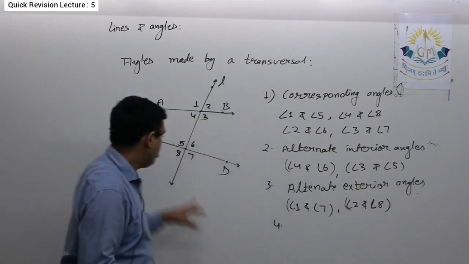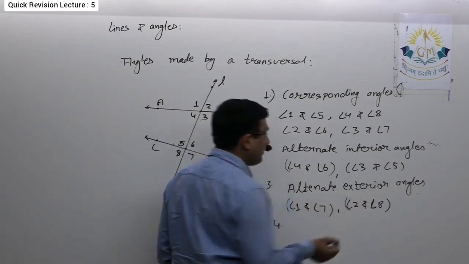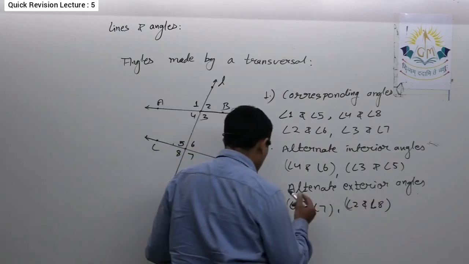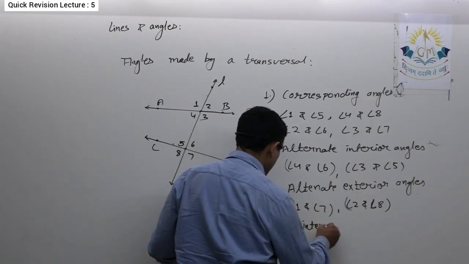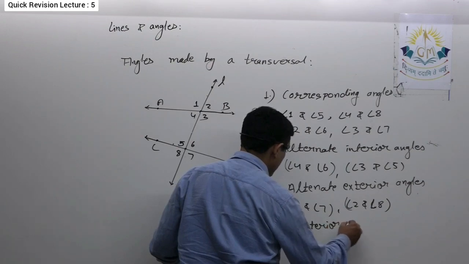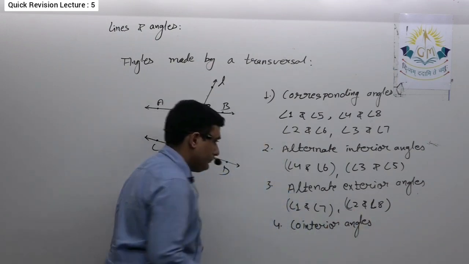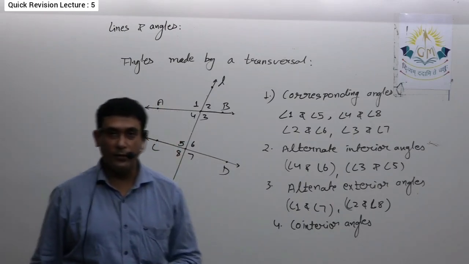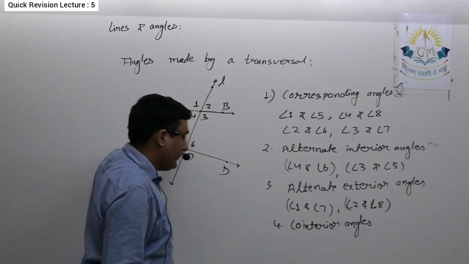Now next, we'll come to the allied angles or co-interior angles or co-consecutive angles. So here I am writing co-interior angles. Co-interior angles means angles on the same side of the transversal, as well as interior, that means interior angles on the same side of the transversal.